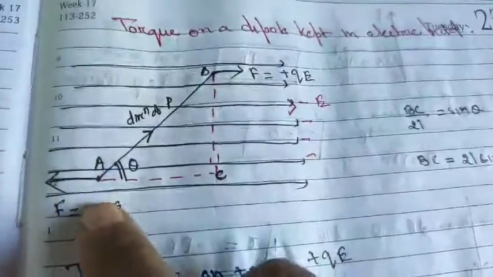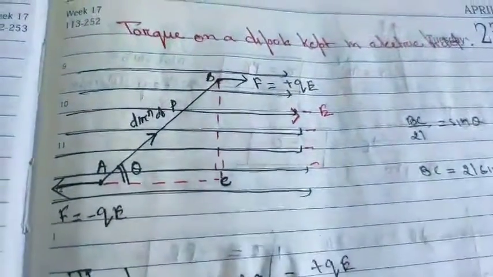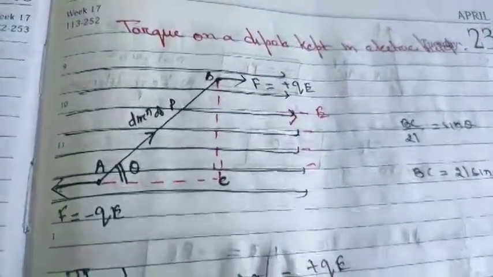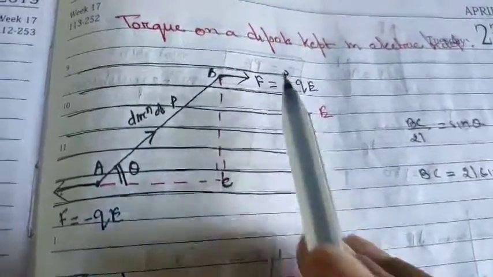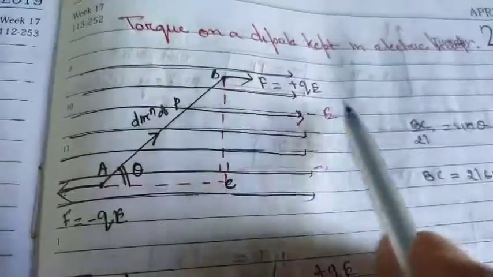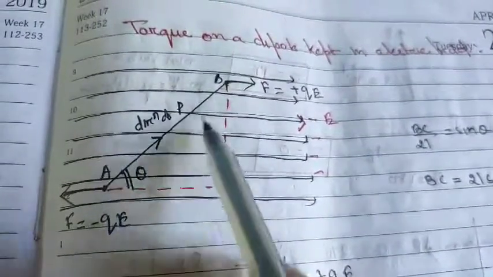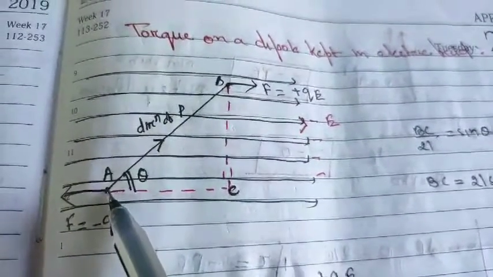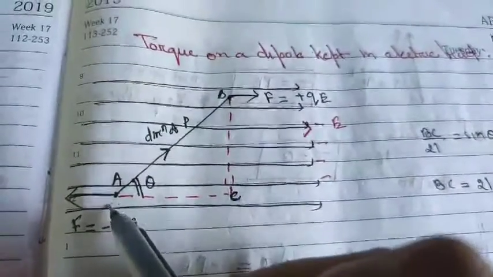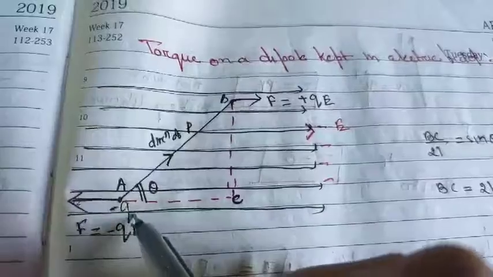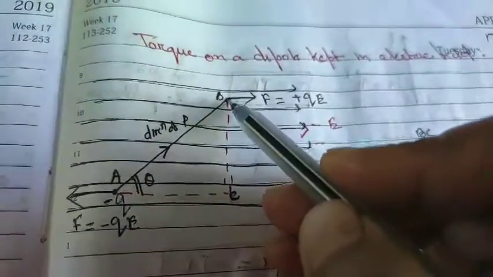Here, the black arrows that you are seeing represent the electric field. In the electric field, we have kept two charges. Suppose I have kept minus q on this side and plus q at this point.